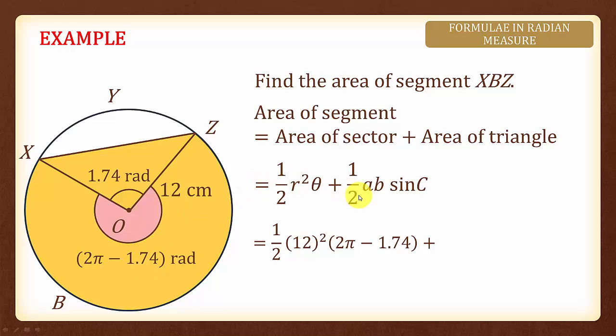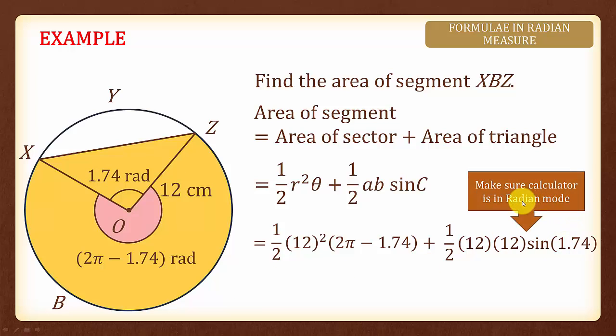For the area of triangle, it will be half times the two given sides, which is 12 and 12, multiplied by the sine of the included angle, which is 1.74. And once again, make sure your calculator is in radian mode because we have an angle in radian. We will have 398 square centimeters rounded off to 3 significant figures.